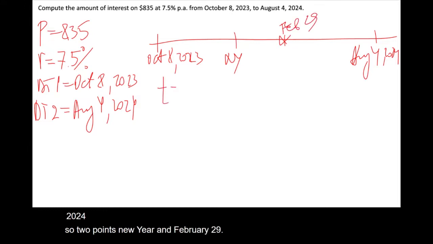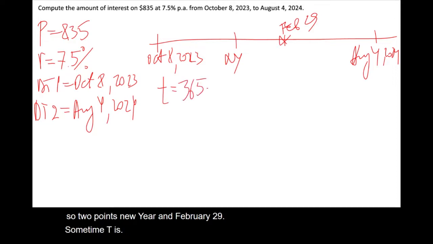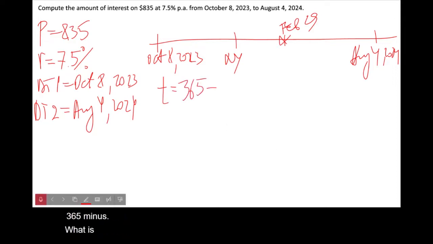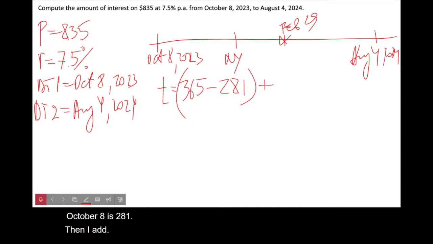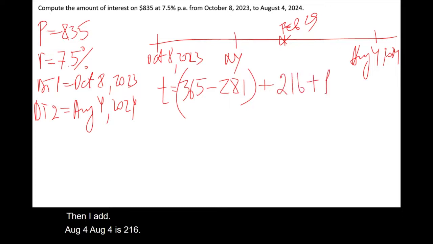So time T is 365 minus, what is October 8? October 8 is 281. Then I add August 4. August 4 is 216. And I add February 29. So T is 365 minus 281 plus 216 plus 1.